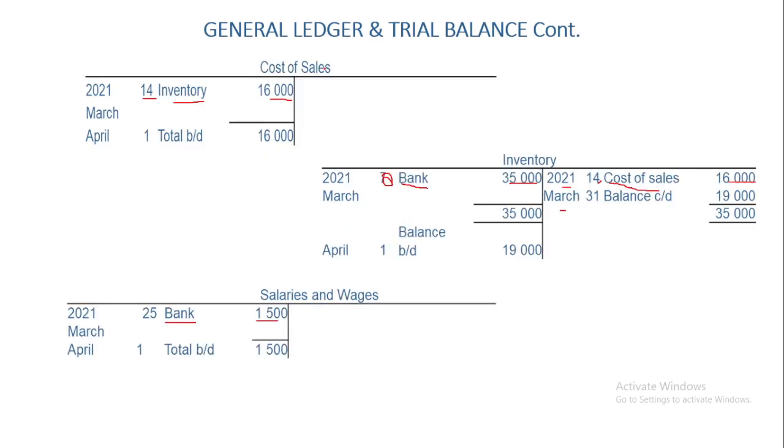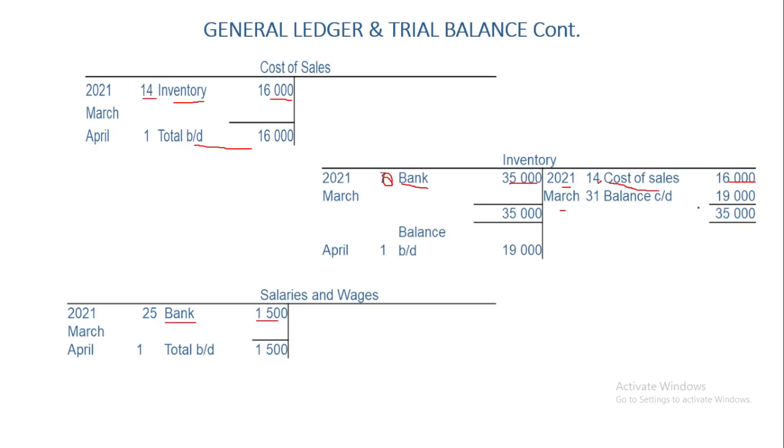Same applies. Cost of sales is a nominal account, so we write only the balance. Inventory is an asset account, so it's a balance sheet account, and therefore it has to be balanced off. All the inventory stock we received was 35,000, so we calculate the total, which is 35,000, 35,000.